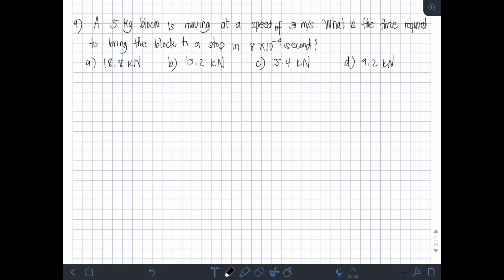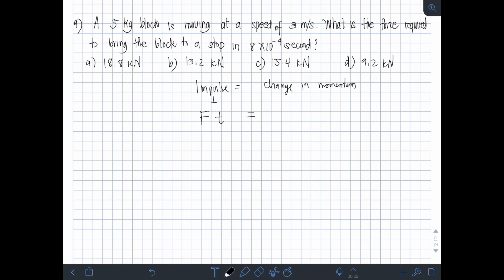Next, we have a 5 kg block moving at a speed of 3 meters per second. What is the force required to bring the block to a stop in 8 times 10 raised to negative 4 second? Okay, so we can use the impulse-momentum relationship here, because impulse is equal to the change in momentum. We have the formula for impulse as what? Force times time, right?